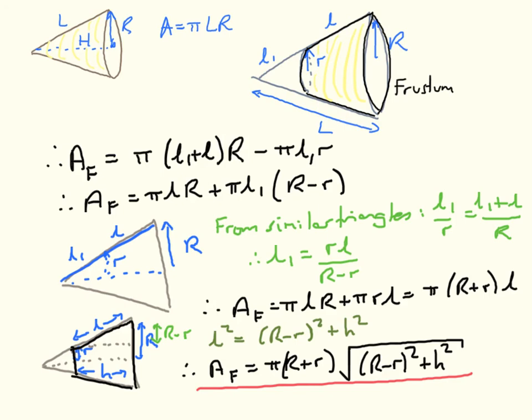We used similar triangles to work out how to rewrite L1 in terms of distances in the frustum itself, and then we obtained this result here, and then we just looked at this right angle triangle to rewrite this to get rid of L, the dependence on the side of the frustum, and to rewrite it in terms of the height of the frustum and the other lengths. And that gave us this formula with which we stop our podcast.